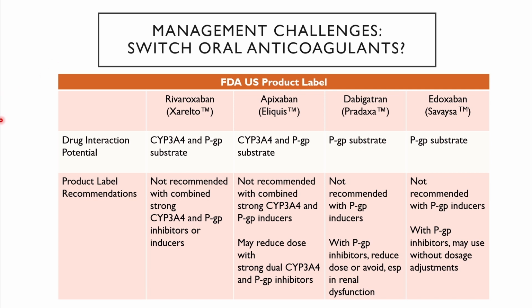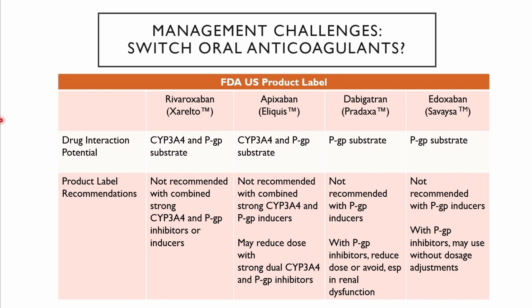I've pulled for you here a number of FDA US product labels for other direct oral anticoagulants. Select ones that are listed here for you: rivaroxaban, apixaban, dabigatran, and edoxaban. If you look across the drug interaction potential, both rivaroxaban and apixaban plausibly pose a higher drug interaction potential because they're substrates for both cytochrome 3A4 as well as P-glycoprotein.